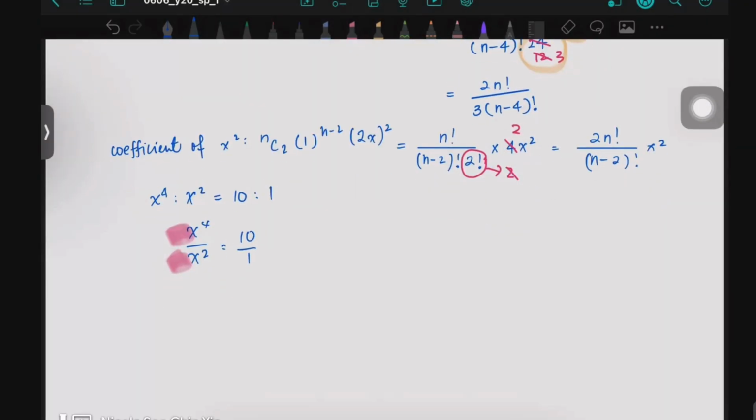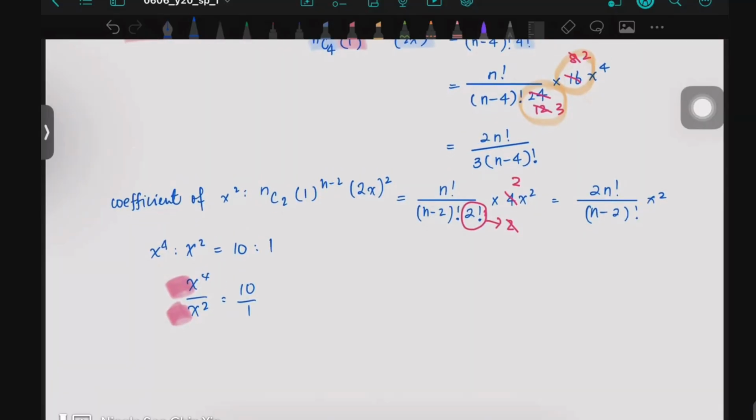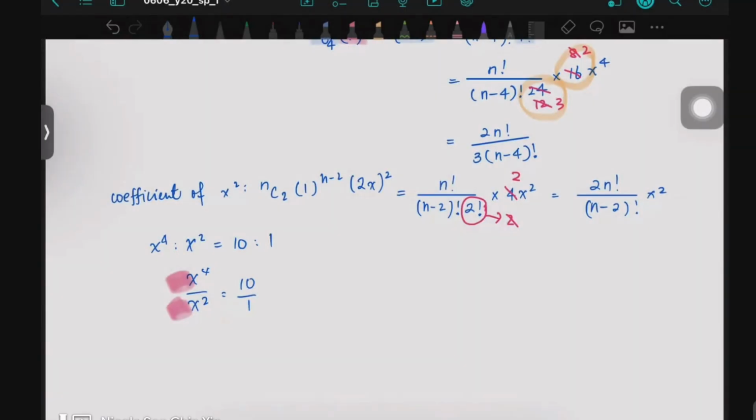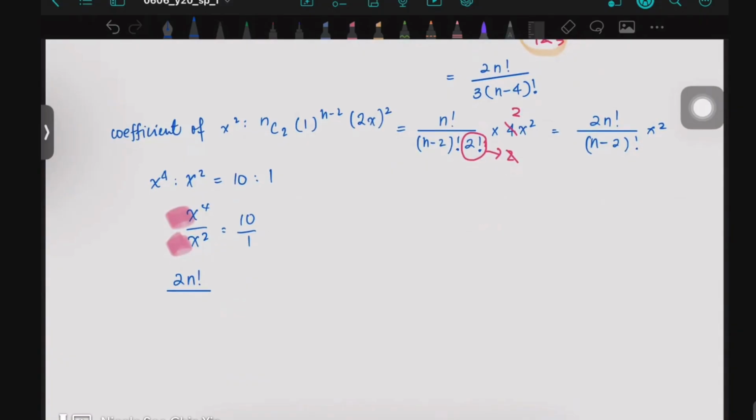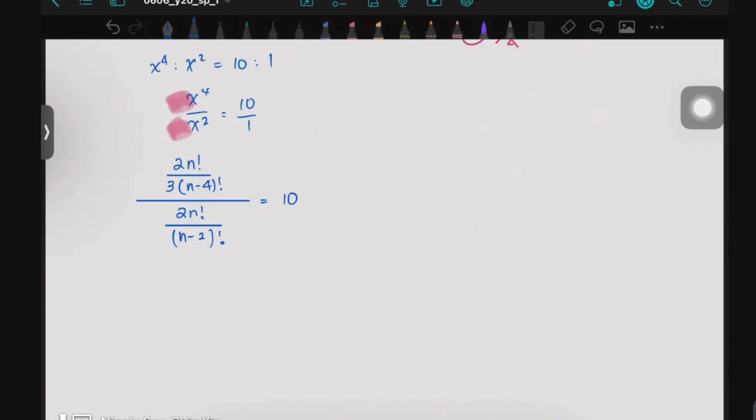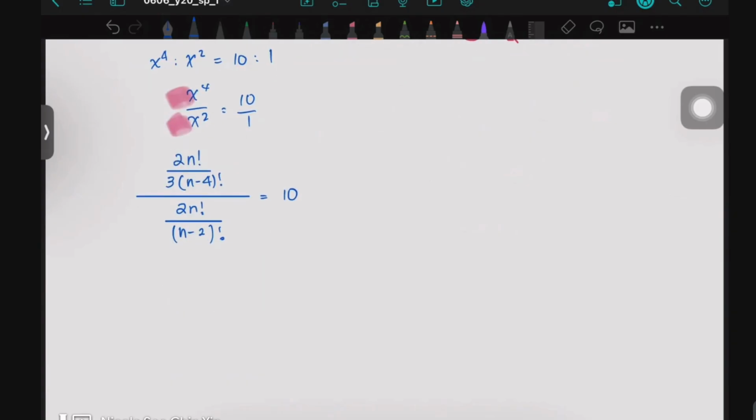So I'll put 2n factorial over 3 times (n minus 4) factorial, over 2n factorial over (n minus 2) factorial, equals 10. Continue to work on it.